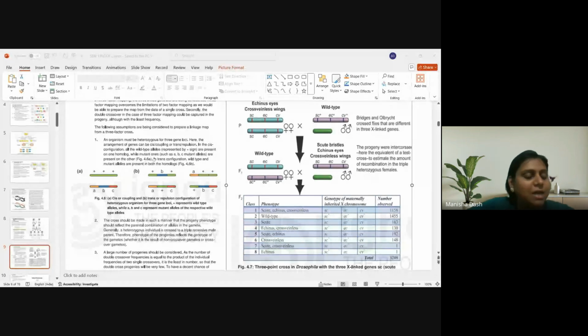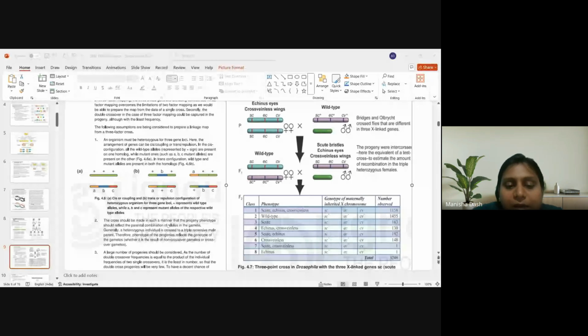So here we are considering 3 characters. One is called echinus eyes, then crossveinless wing and scute bristles. So 3 characters are there which are located on the same chromosome. The echinus eyes is represented by ec, the crossveinless wing is represented by cv, and the scute bristles are represented by sc. So sc, ec and cv, all three of them are located on the same chromosome.